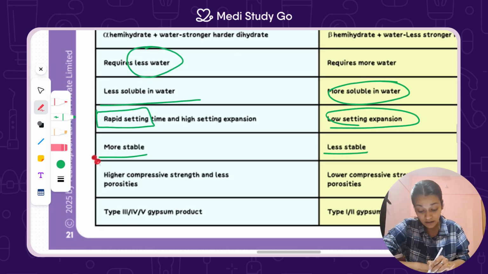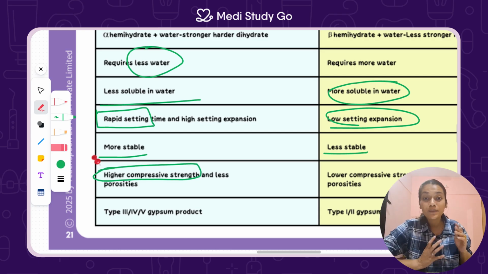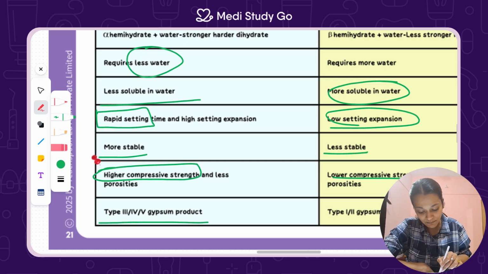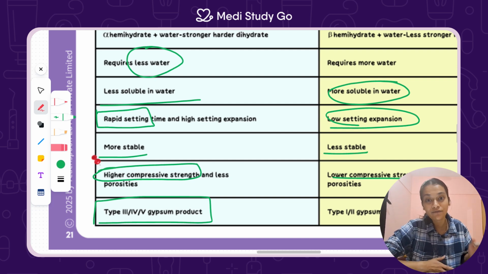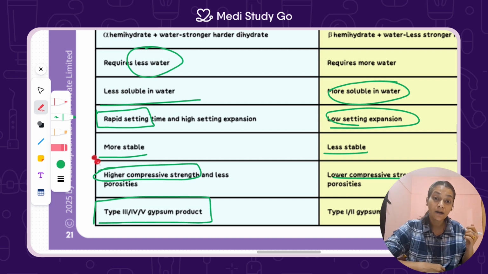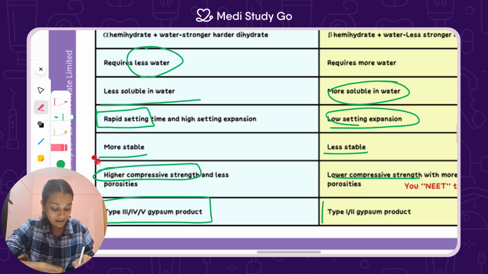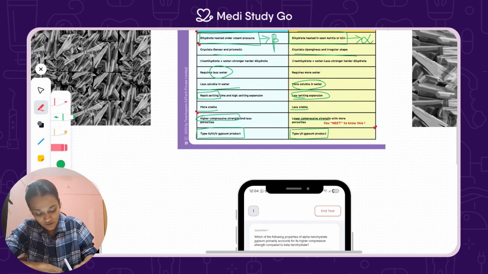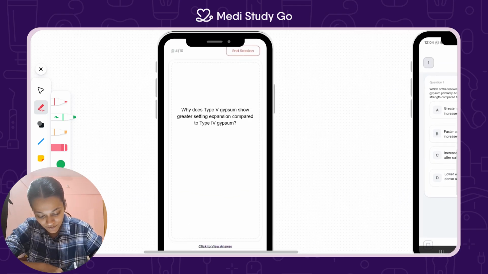When we talk about the compressive strength, it's going to be the highest because of its structure, which is denser and prismatic. Here it's going to be lower. You just need to understand the structure in order to imagine all the properties. It does not need mugging up, it just needs understanding. And type 3, 4 and 5 are the ones that are alpha hemihydrate and type 1 and 2 are beta.